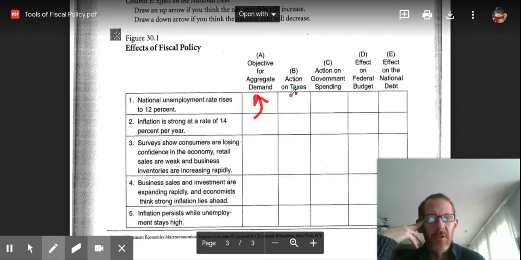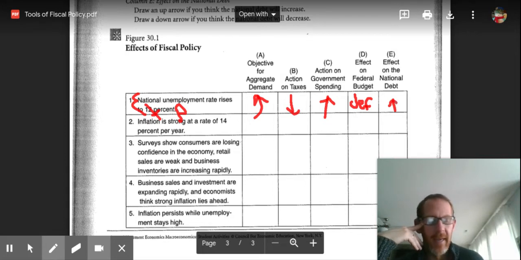So we definitely need to lower taxes, because that will increase the C portion of GDP, or we need to increase government spending. This will be expansionary, because we want to expand the economy when we have high unemployment. That means we will be bringing in less money, taxing less and spending more, so we move towards deficit. Excuse my dog. And then our debt is going to go up.